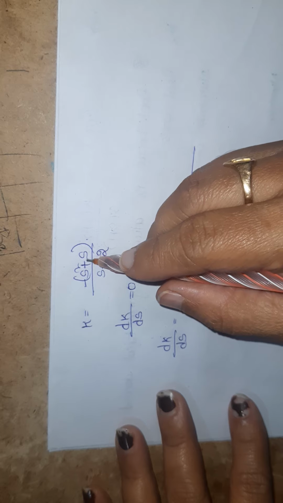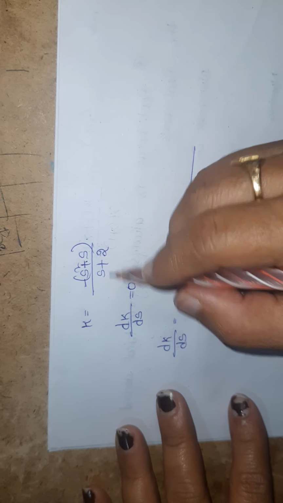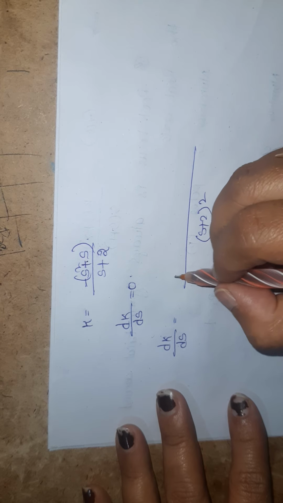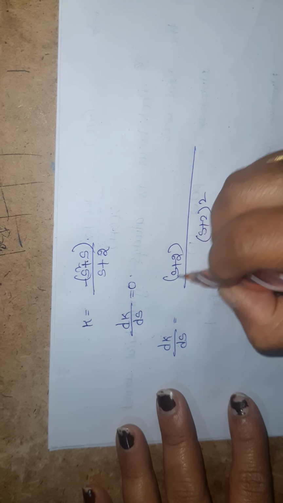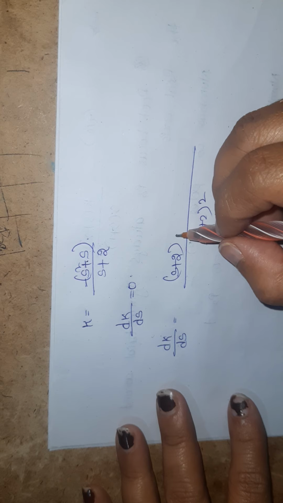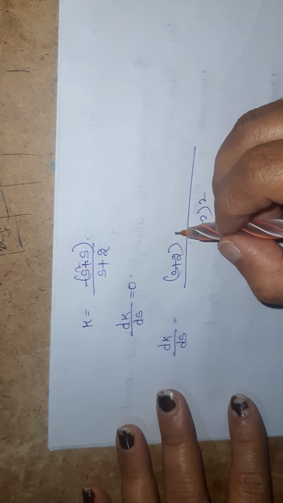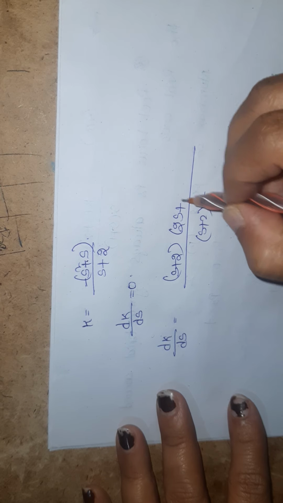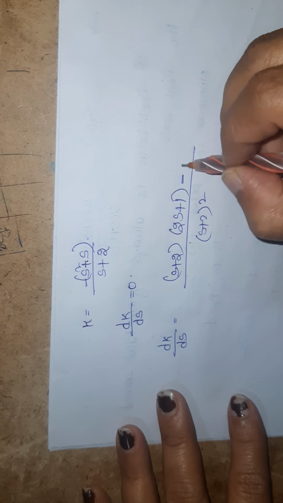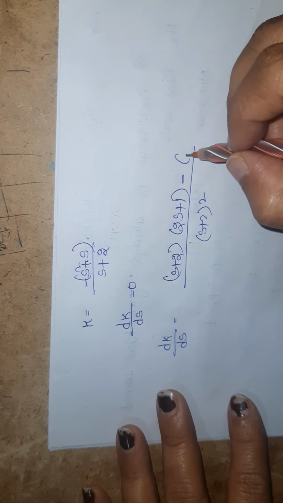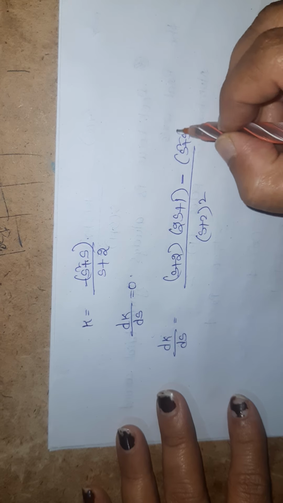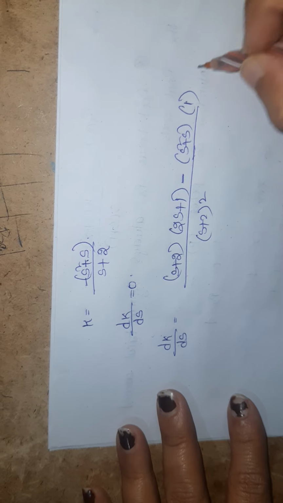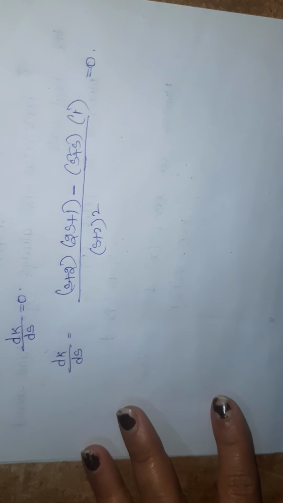For X by Y, we have to do the differentiation: Y into the differentiation of X, which is 2S plus 1, minus (S square plus S) into the differentiation of this one, which I'll get as 1, and make it equal to 0.